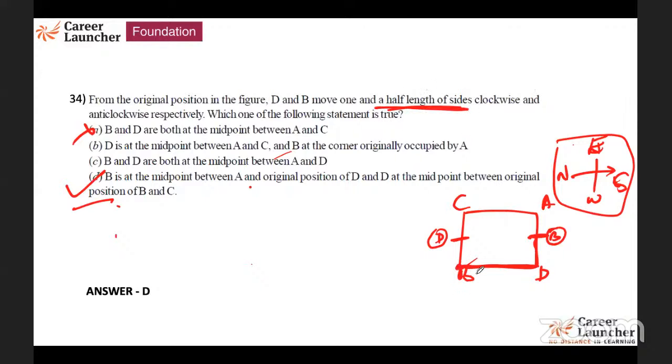So B from here is going in the anti-clockwise direction. So one side and half a side. So B is here now. Similarly, D is 1 length and half a length. D is here now. Correct? Now, where is B? It is between the point A and the original position of D. Similarly, D is between C and the original point B. That's what is given. Is this clear, Srinja?